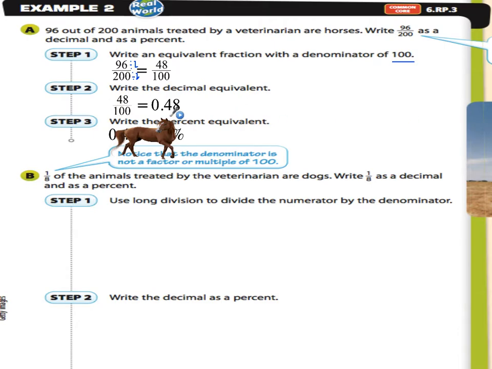Again, it has to end in the hundredth spot because it has 100 as the denominator. Now, when I write it as a percent, I need to move the decimal. I'm going from a decimal to a percent, so the decimal needs to move 2 places to the right. And when I do that, it turns into 48%.